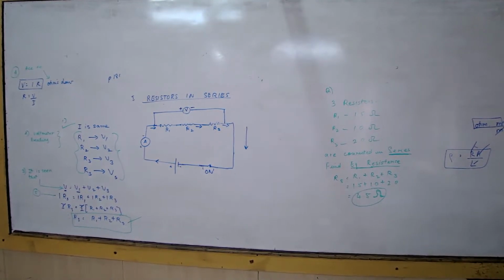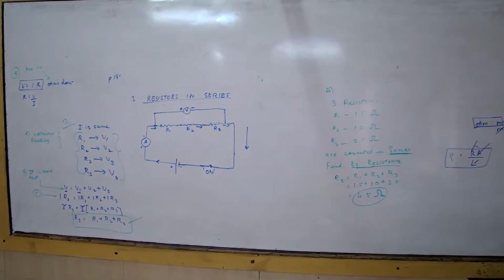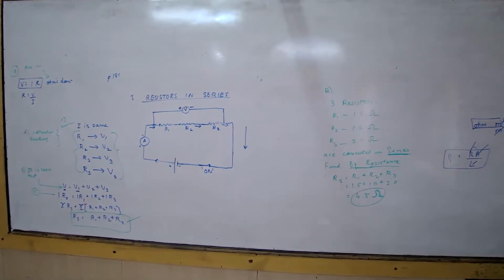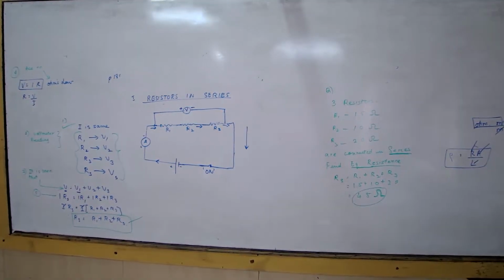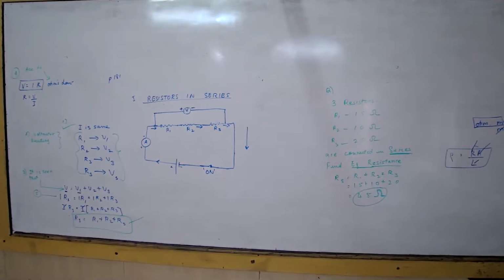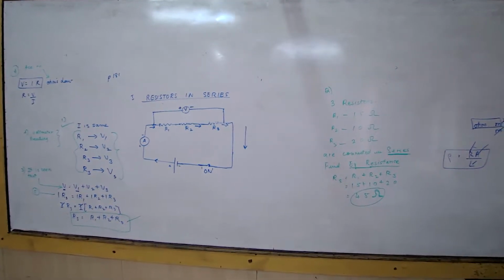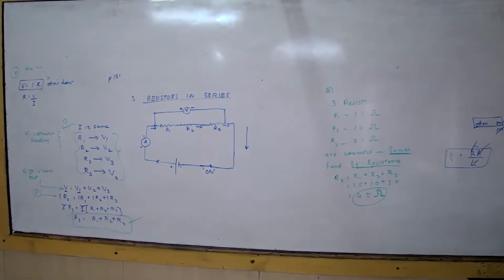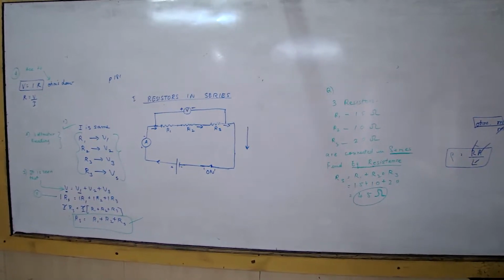We can conclude that when several resistors are joined in series, the resistance of the combination Rs equals the sum of their individual resistances R1, R2, and R3, and is thus greater than any individual resistance. It is greater than the individual resistance.